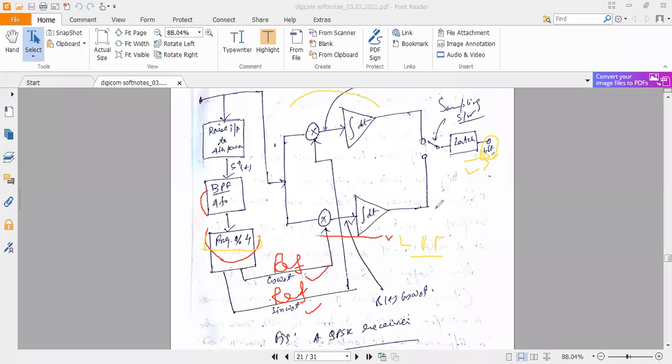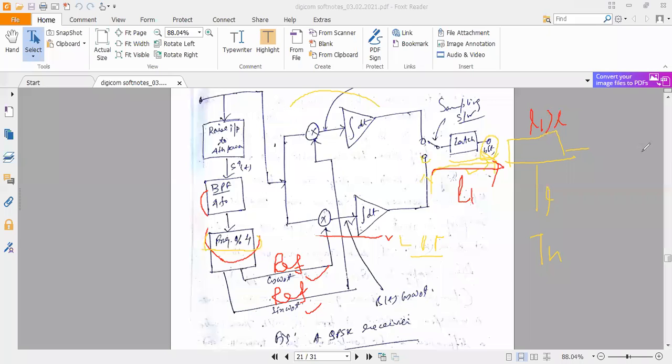After having this output, it goes to the latch circuit, and at the output there must be a comparator circuit with some threshold. Say the threshold is L. If this value comes here, suppose it is L1, the comparator will compare whether L1 is greater than L or not.